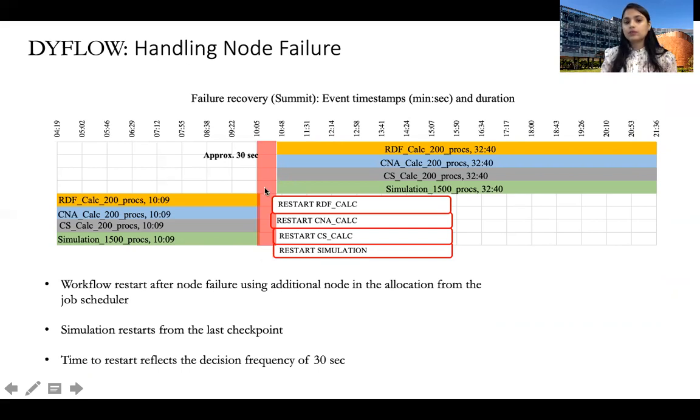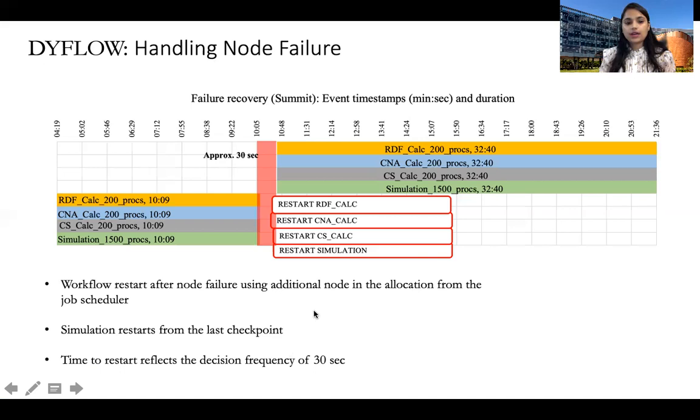After about 10 minutes into the experiment, we deliberately took one node out of service, which fails all the tasks. And when DYFLOW recognizes this failure, it immediately restarts all the tasks using one of the spare nodes in the allocation. If there are no spare nodes, DYFLOW will attempt to start the higher priority processes.